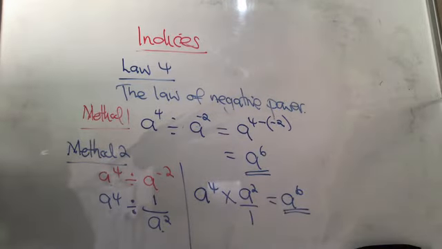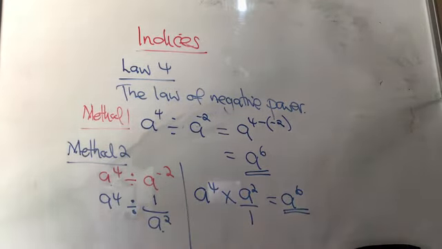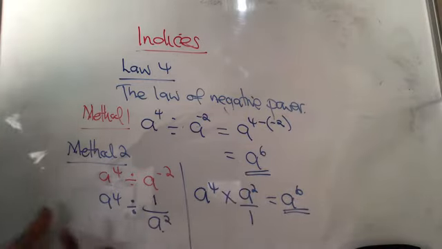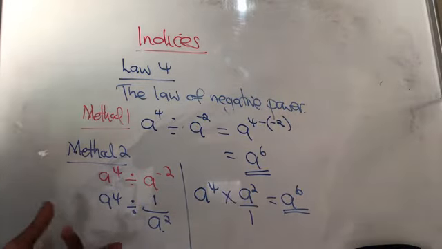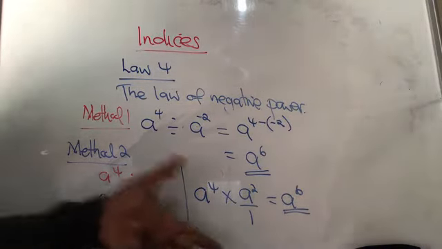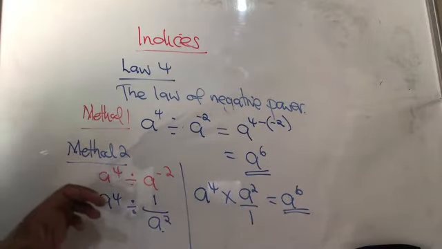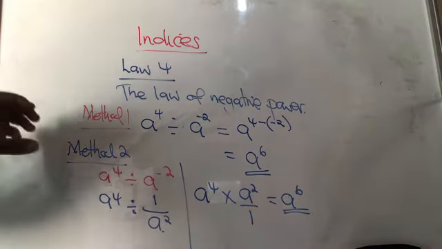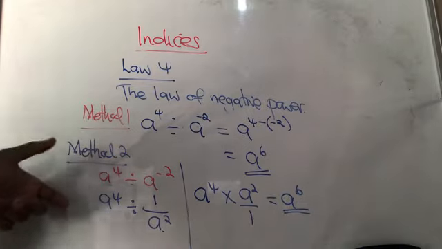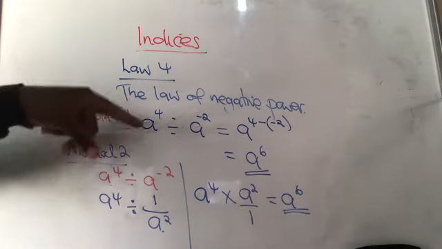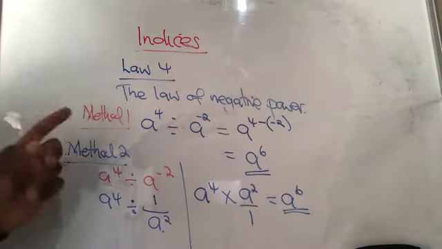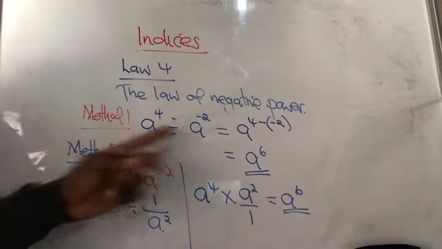Alright, this is not the route that I would choose to take even in the exam. No wonder we call it exam tips. Don't choose method 2, although it's going to give you the correct answer. This is the reason why I deliberately introduced law number 4 in this particular question, which really doesn't require law number 4. It requires law number 2 only.